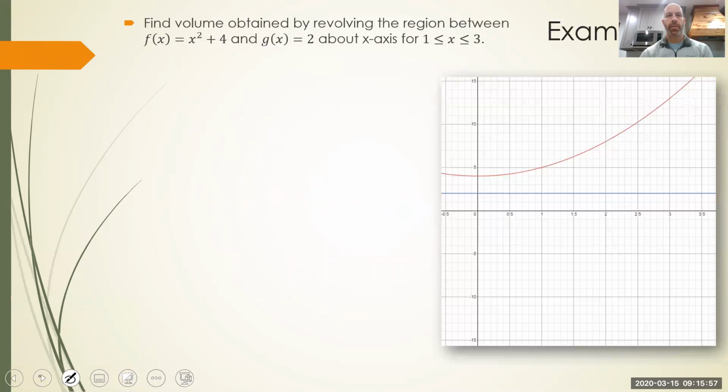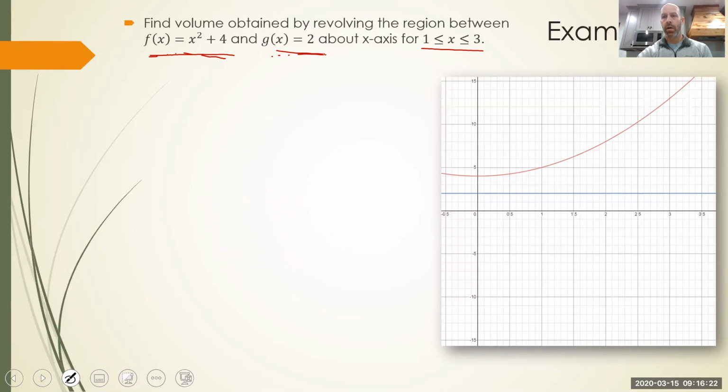All right, our next example, we want to find the volume of a solid revolving it between the following regions. So x is going from 1 to 3, and we've got f of x is x squared plus 4, g of x is just 2. So this blue line on the graph, that's going to be g of x, horizontal line.